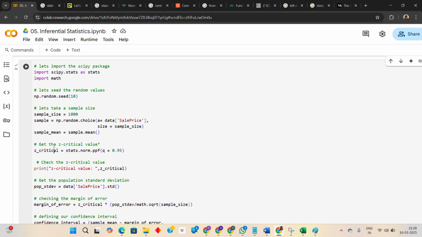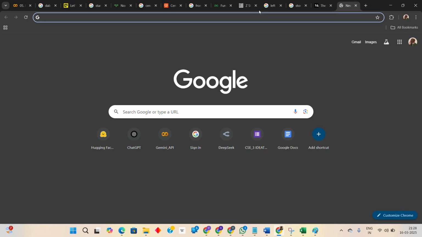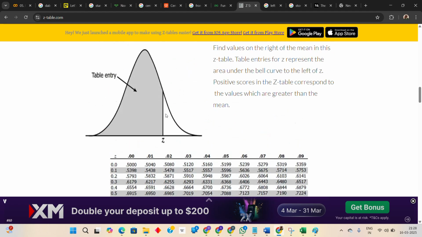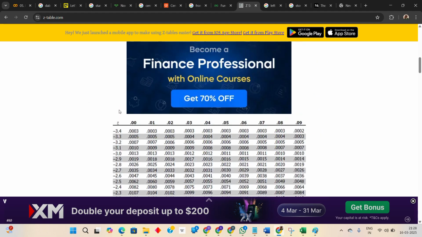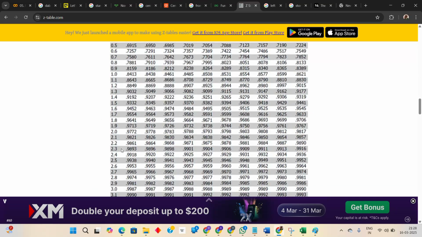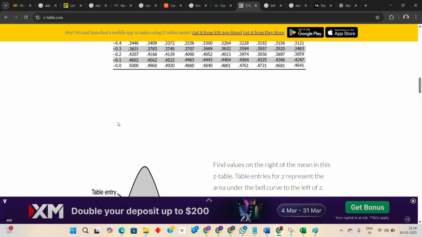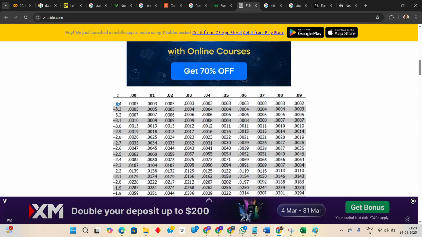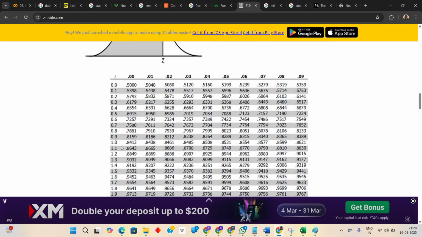One more thing, you have to know the Z statistics, that is the Z score. For Z statistics, there is actually a table. Here you can have the negative values of Z and also positive values of Z, from minus 3.4 to positive 3.4.